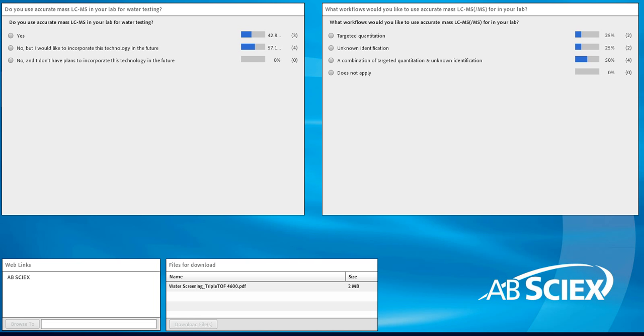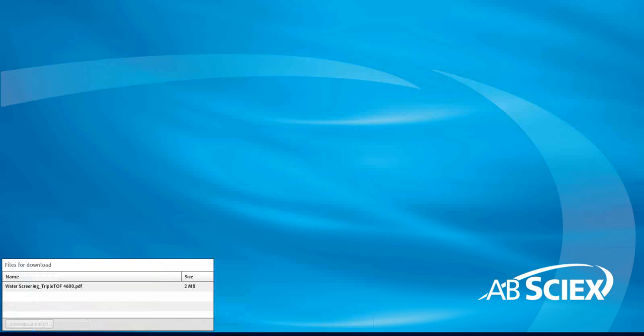Yeah, very interesting results. I expected that the audience would be a mix of people having accurate mass instrumentation in their laboratory or thinking about it, hence dialing in. And it's very typical that people combine targeted and non-targeted workflows with modern accurate mass instrumentation.